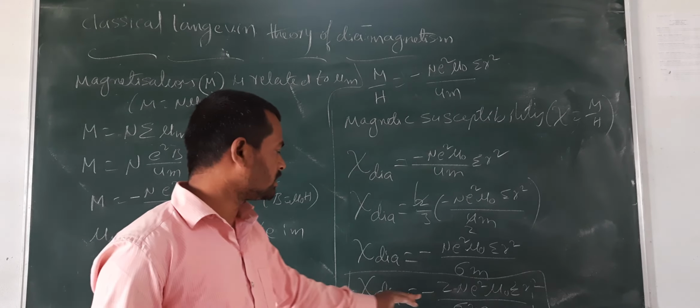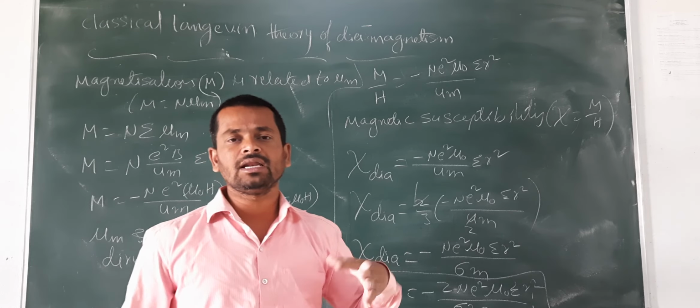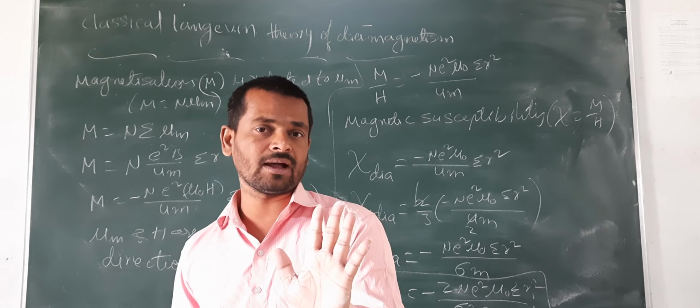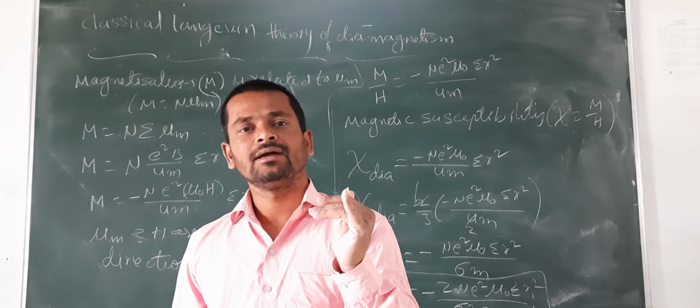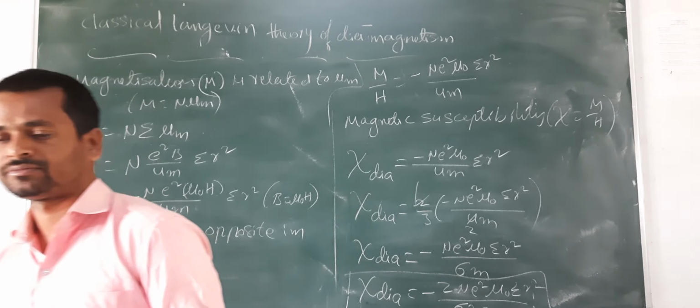So the chi value is negative and small for dia. The chi value is small and positive for para. The chi value is large and positive for ferro, and for the remaining ones also.